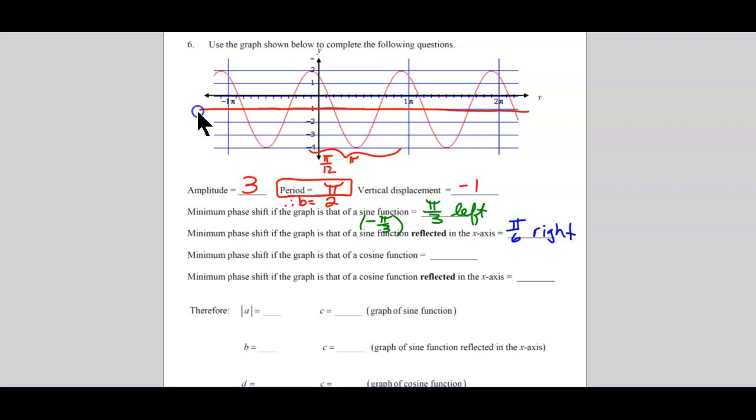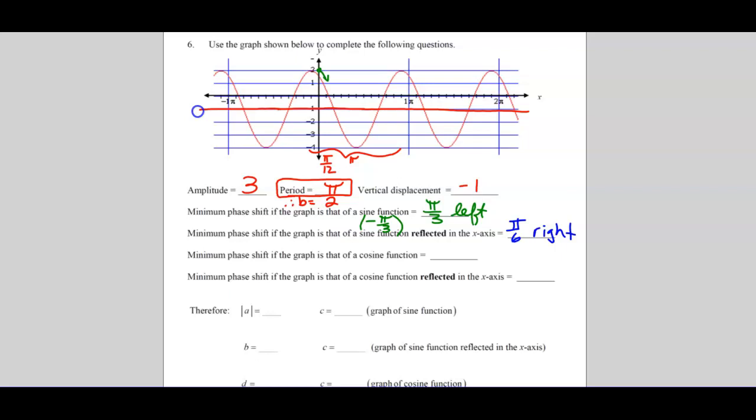So if we're going cosine, its maximum, if it was stretched, it would be up here and going down, right? For a cosine function. So you do the vertical stretch, okay? And then translate it vertically, right?